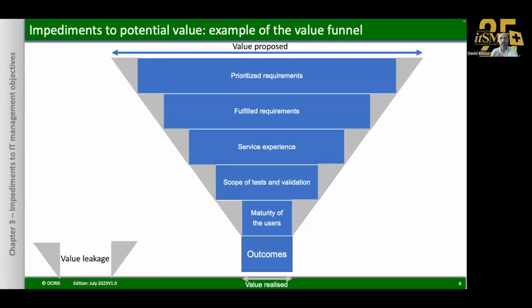At the end of the day, the real outcomes you get from a service are very small compared to the value proposed in the idea at the beginning. This is very important to understand, and value streams can help at least address or minimize this value leakage.